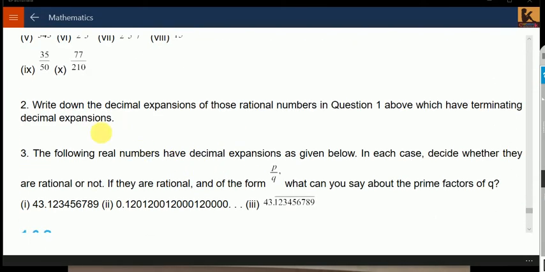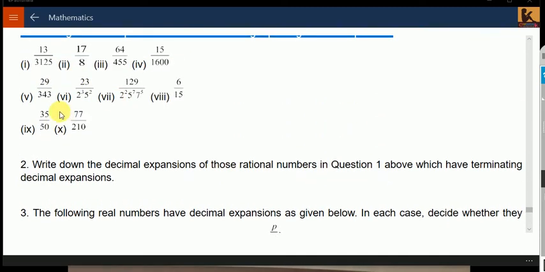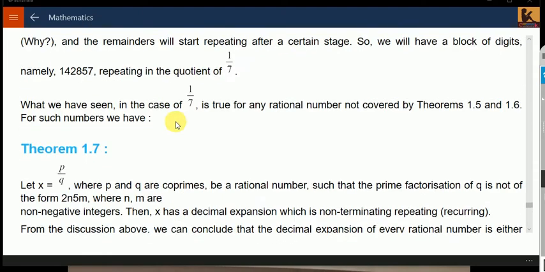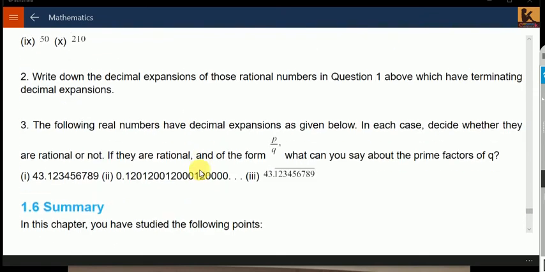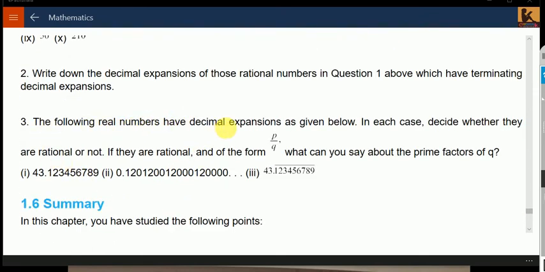Now coming to the second question, write down the decimal expansion of those rational numbers. You can write the decimal expansion also easily. You can convert this into decimal expansion by the division method like this. The following real numbers have decimal expansions as given below.